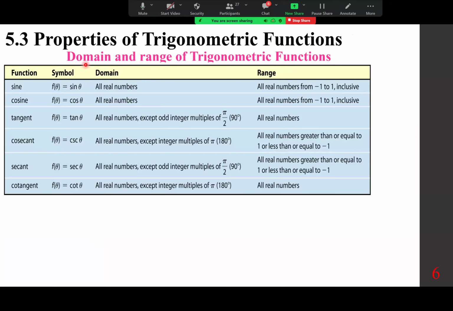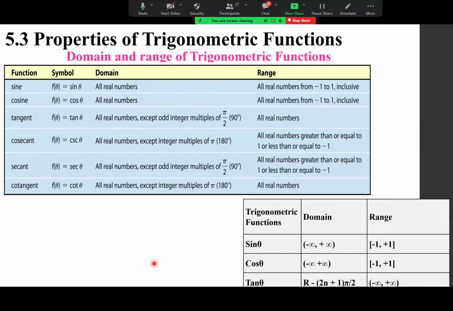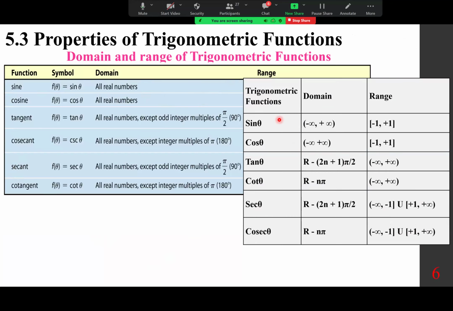Properties of trigonometric functions: the domain and range of trigonometric functions are given here, and I'm going to summarize it here. Sine, the domain is all real numbers. Cosine, the domain is all real numbers. And in both cases, the range is from -1 to 1.